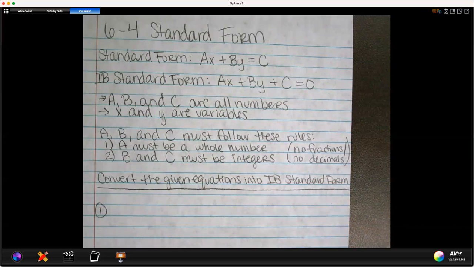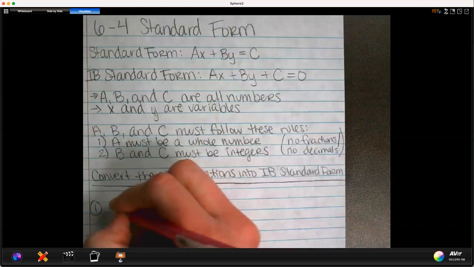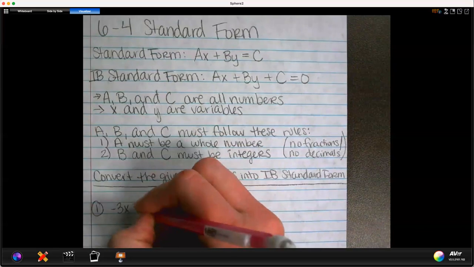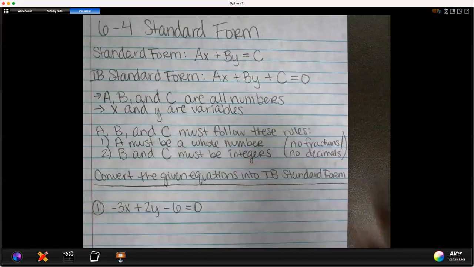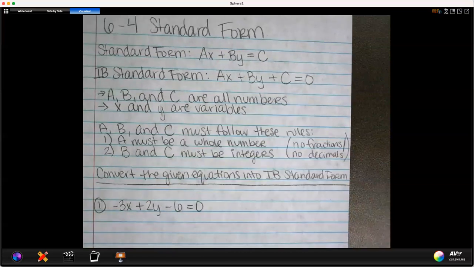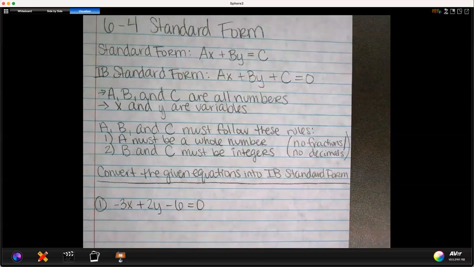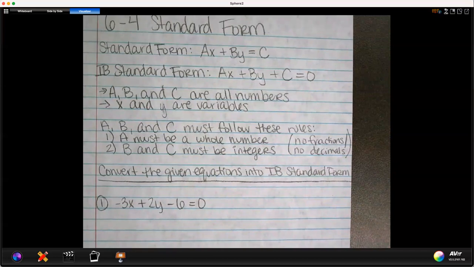Okay. So the first equation we were provided is negative 3x plus 2y minus 6 equals 0. Negative 3x plus 2y minus 6 equals 0. So what I want for us to figure out is what is going to be the issue that's happening and how we're going to fix it, which is what you'll be doing on your homework.